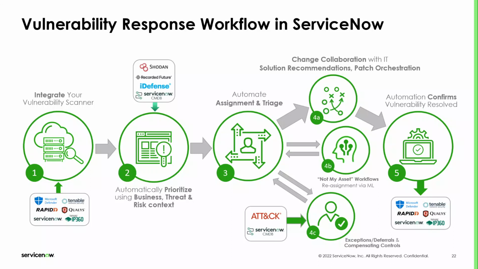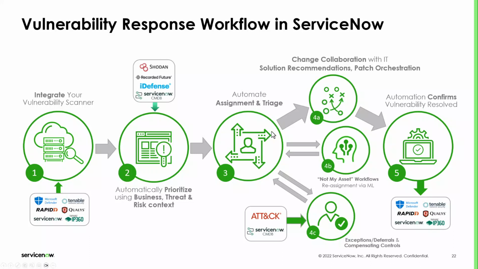If an IT team believes a vulnerability task has been incorrectly assigned to them, they can mark it as incorrect, and the machine learning within the Now platform can learn over time which vulnerabilities should go to which team and get better at those automated assignments.